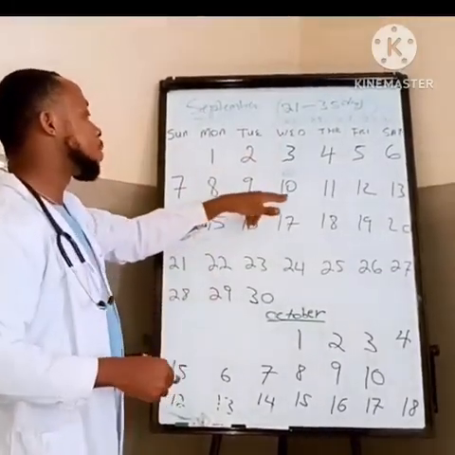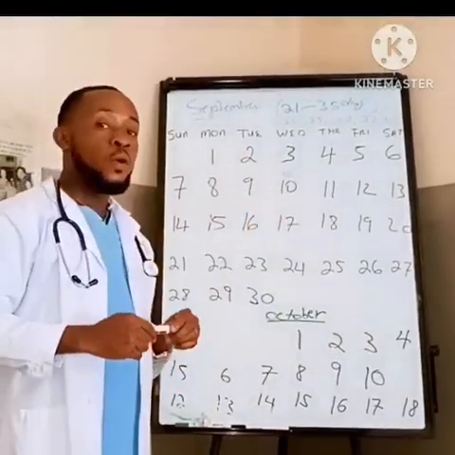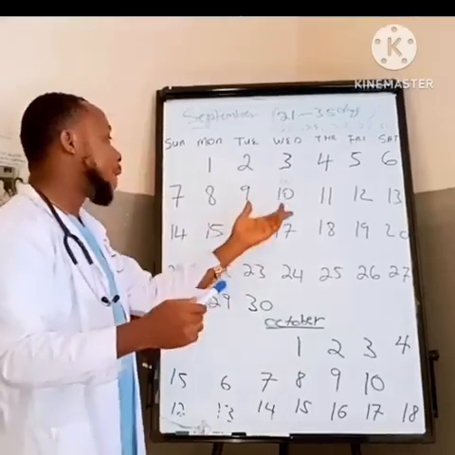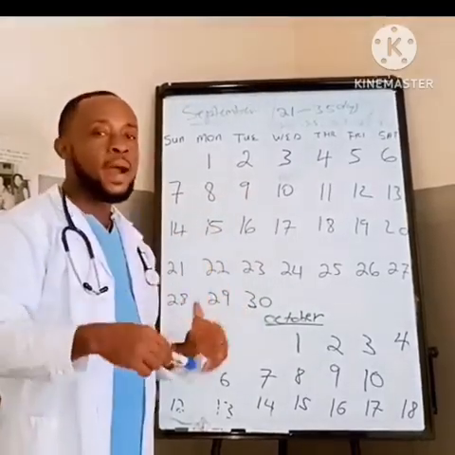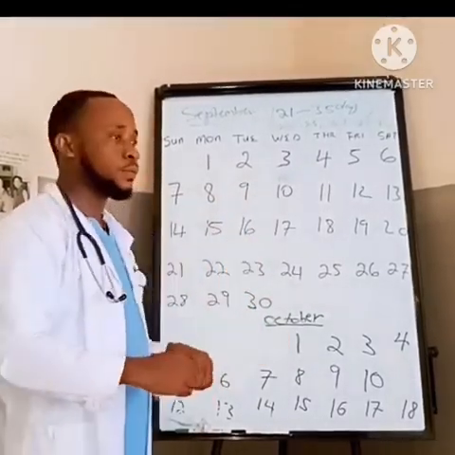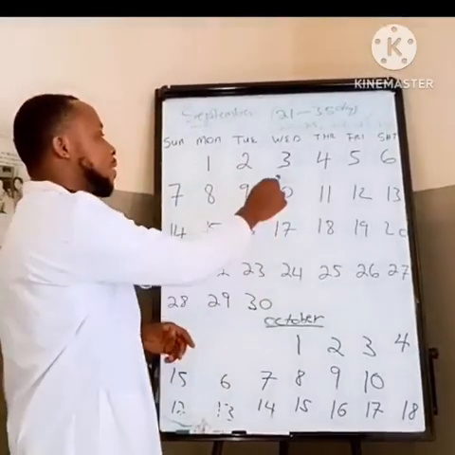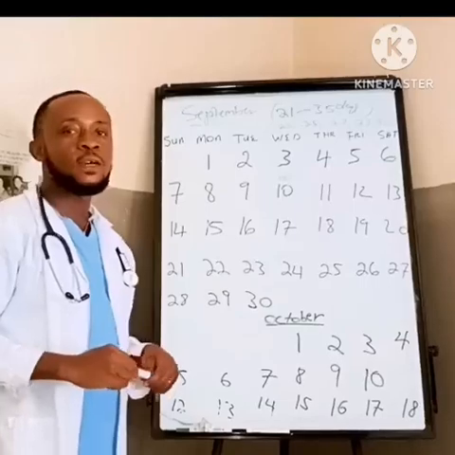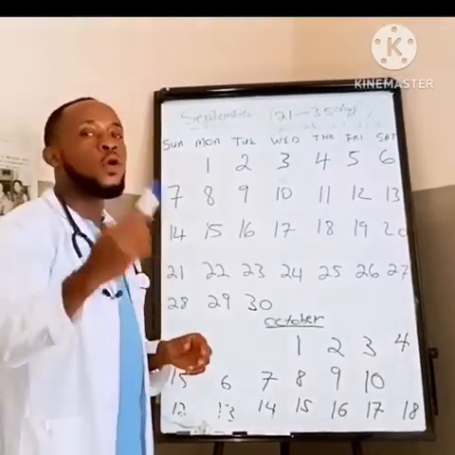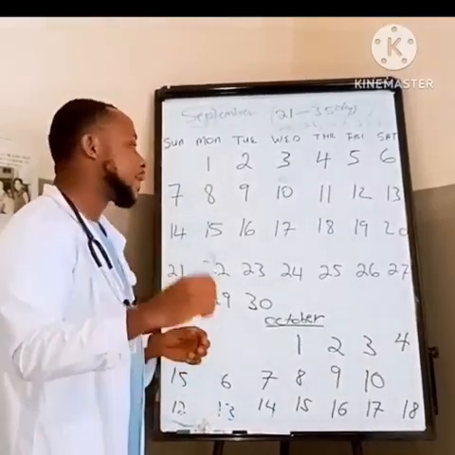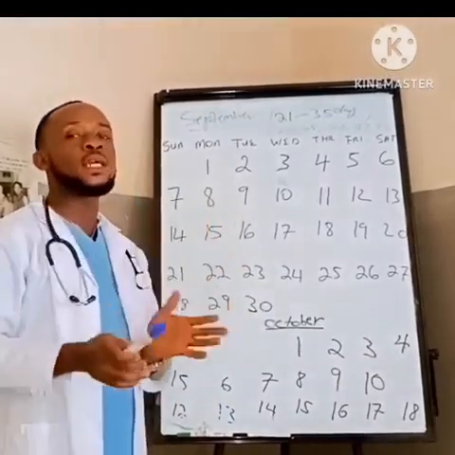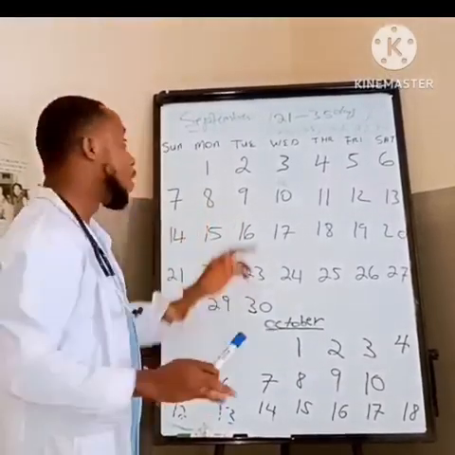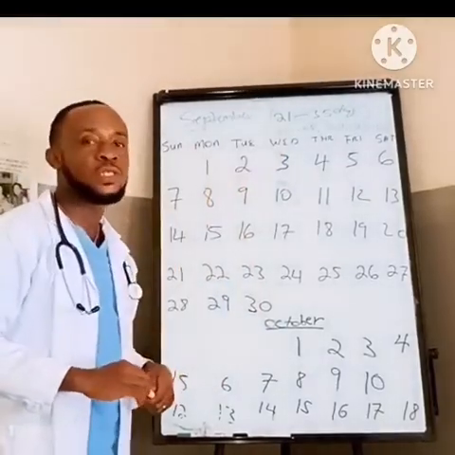She's seeing her menses on the 10th, asking, when do I expect my next period? That's the question. When is this lady expected to see her next period, considering that she has a 22 day cycle?